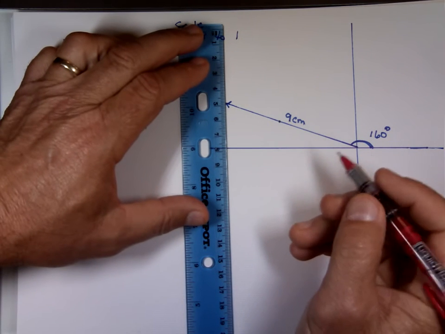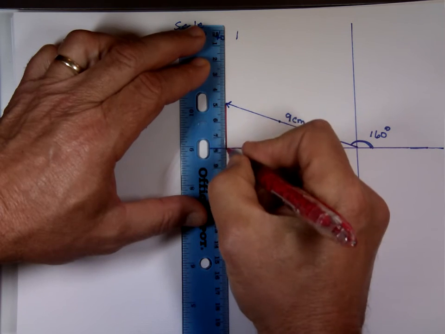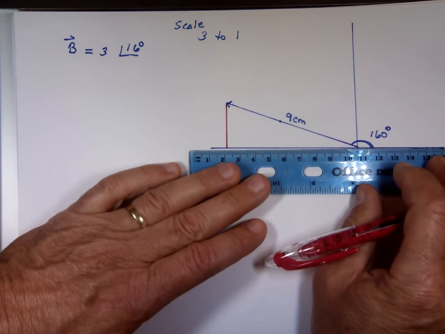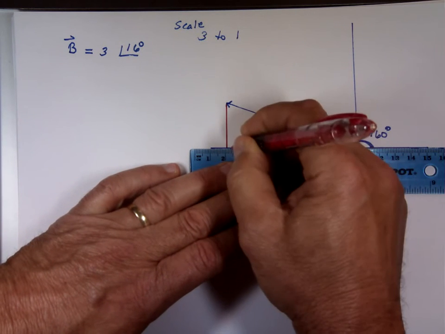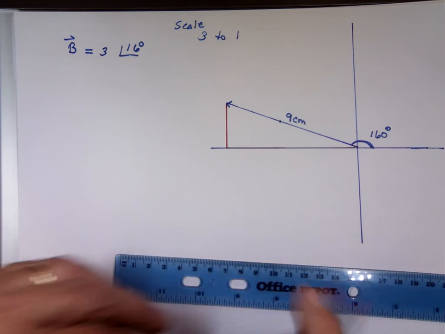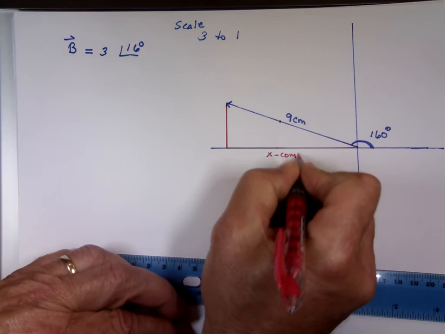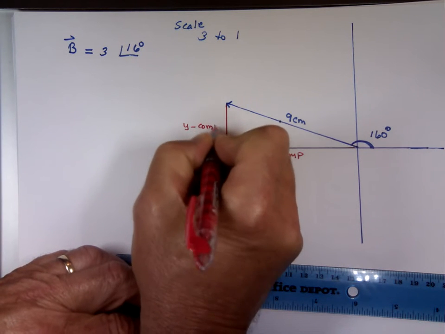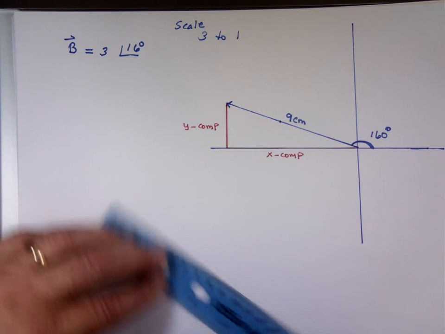The y component is up and down always, and the x component is this one. This is the y component, that's the x component. Let's measure the length of them.